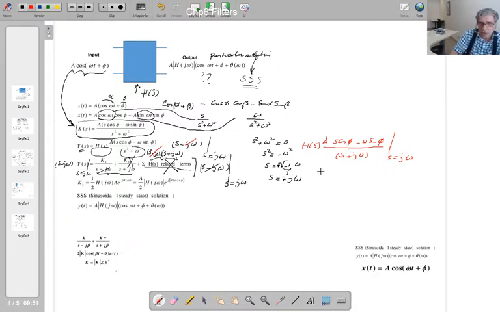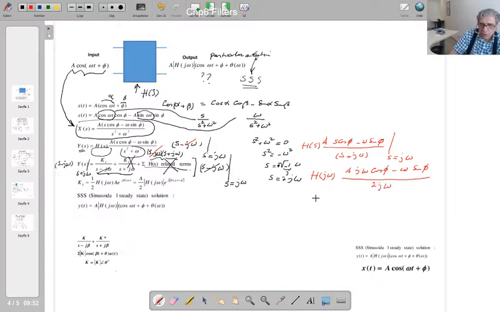So if we do so, this is going to end up with H(jω) A, there's an s here, jω minus ω, oh sorry, that's cos φ, I have forgotten. Let me write it. jω, I put for this s, so it's going to be cos φ minus ω sin φ over, if you put s with jω underneath, I'm going to end up with 2jω.